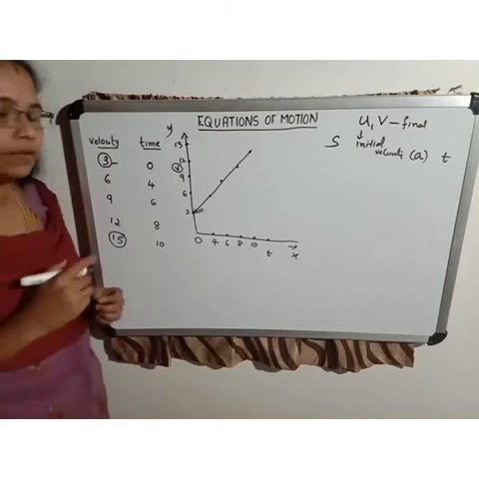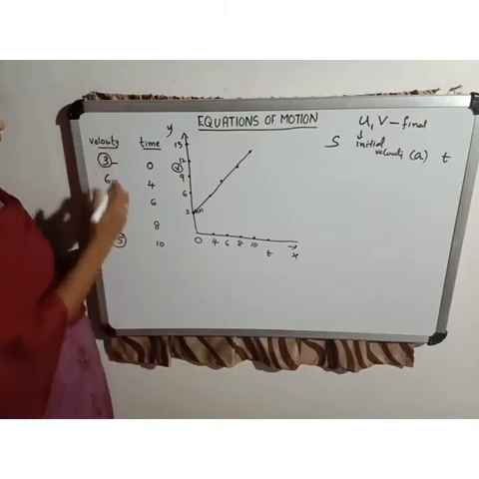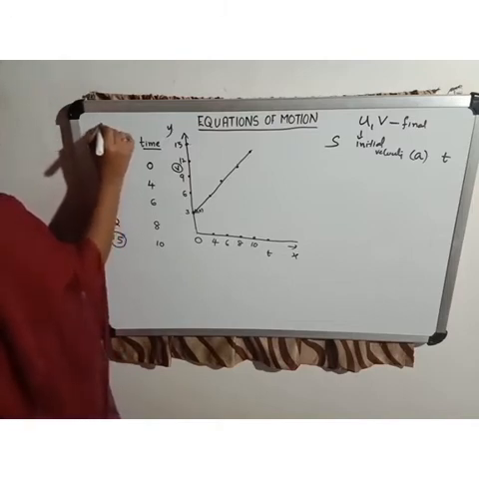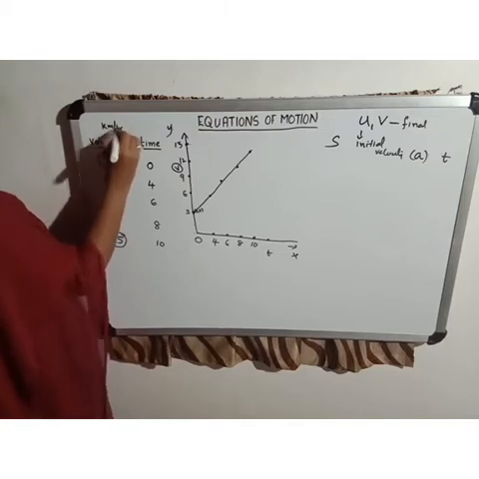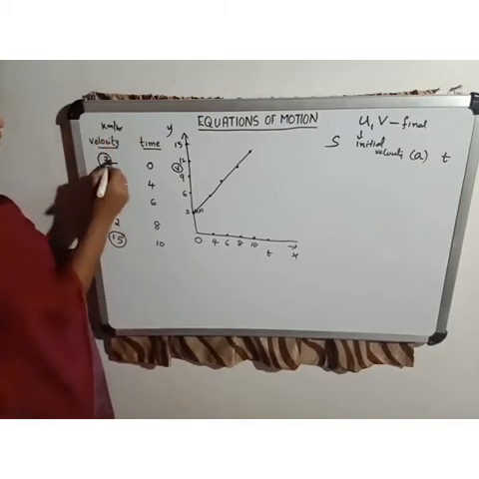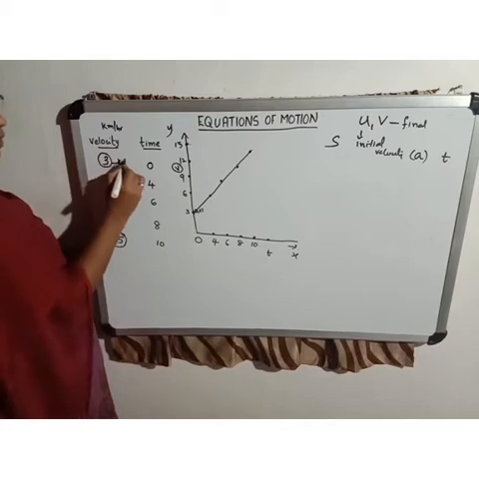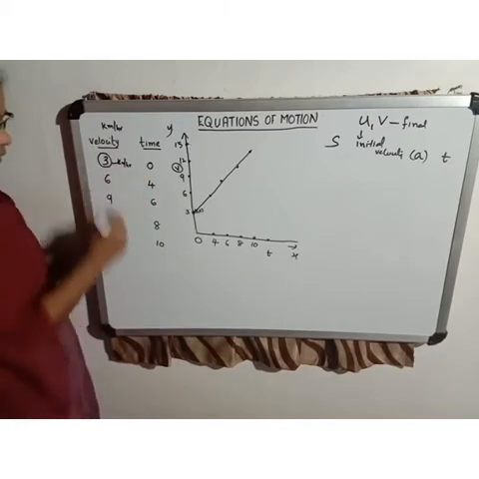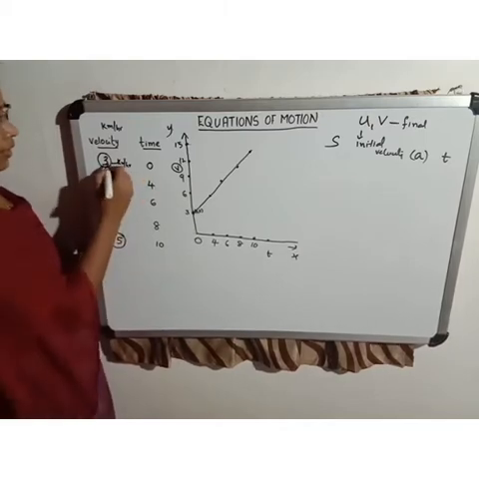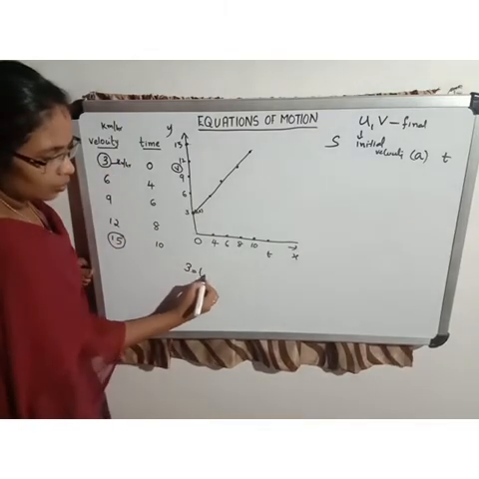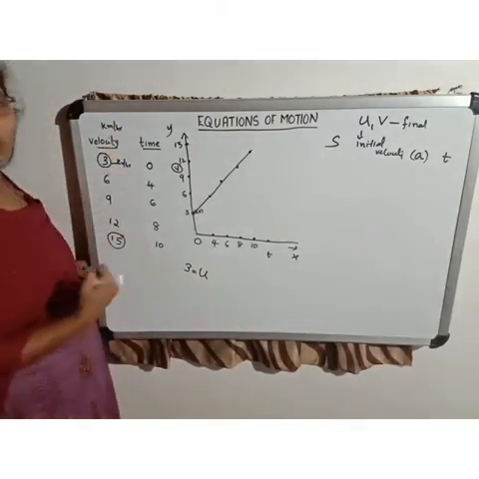What is initial velocity of this motion? If it is in kilometer per hour, initial velocity of this motion is 3 kilometer per hour. Okay, now if so, 3 is the initial velocity U for this body.